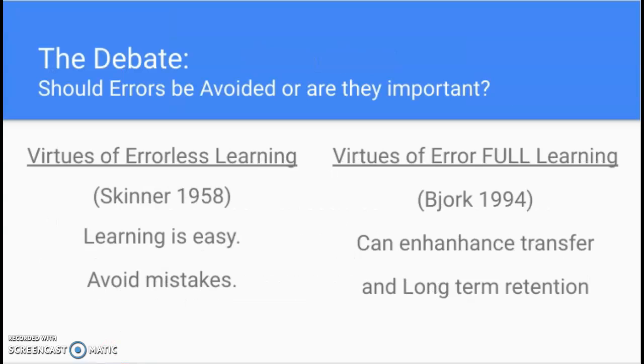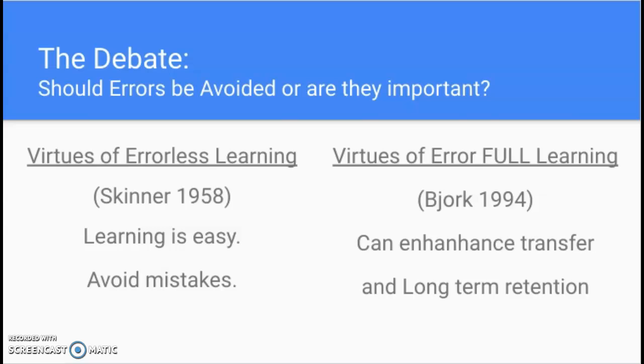The big debate on whether errors should be avoided or viewed as important is a difference between Skinner in 1958, who believed that scaffolded learning was best, and that you want to avoid learners having to make mistakes, and learning should be easy, and we should protect our children from mistakes.